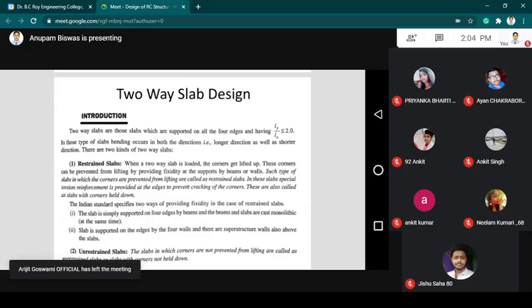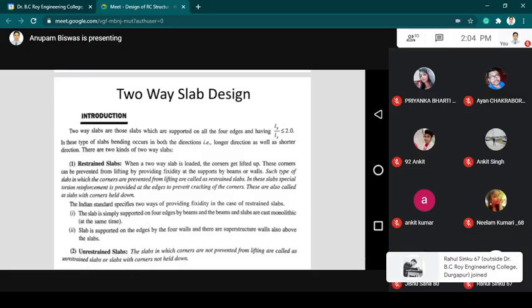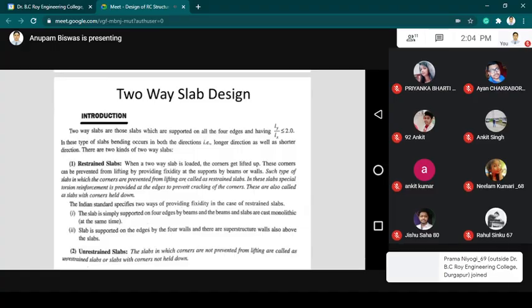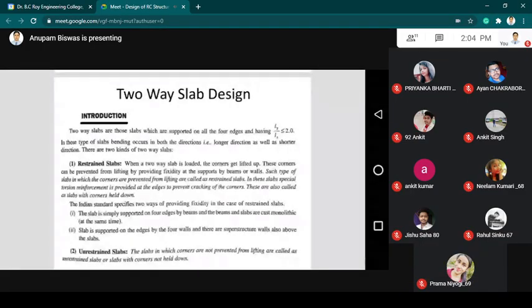The corner will get lifted only when there is a provision for prevention of the lifting of the support, means at the corner there will be fixity at the support, and the fixity would be with the beams and wall, means they will be attached with the slab in such a way that the corner will be prevented from lifting up. So this is called restrained slab.